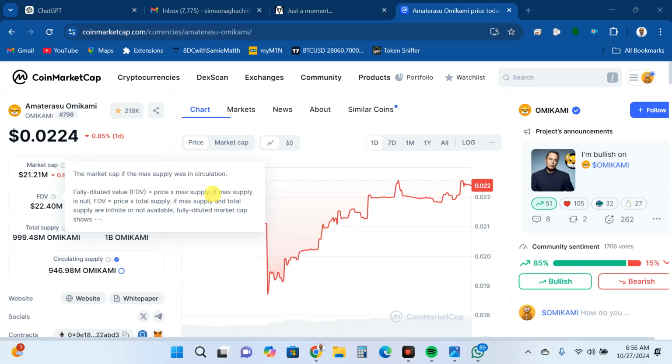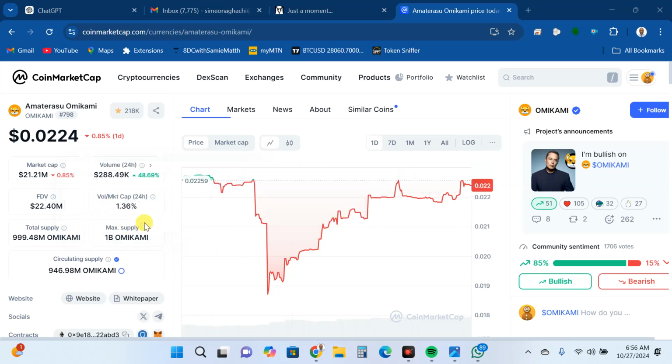It's even explained: if max supply is null, that's not displayed, then the formula will be price times total supply. Let's assume that we want to get the fully diluted value of this token, and we're assuming that max supply is not showing, so we'll just do total supply times the price.